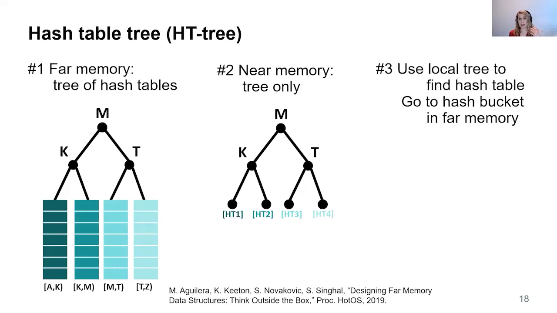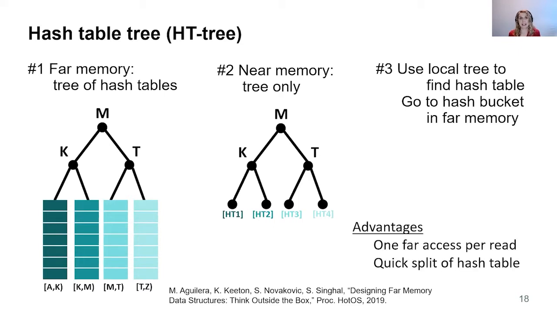So that when they wanted to access data, they would use that local tree to navigate with entirely local operations to find the correct hash table, then calculate the hash offset so that they could find the right bucket, and then use an indirect accelerated operation in order to actually access the data that they care about. So in the best case scenario, that's going to require only a single far memory access per read, which is great. It allows us to achieve the goal that we had.